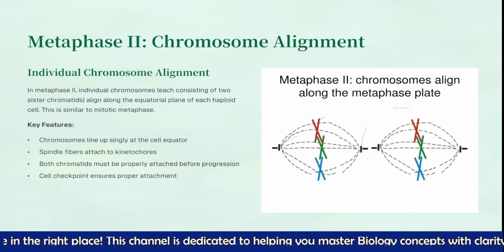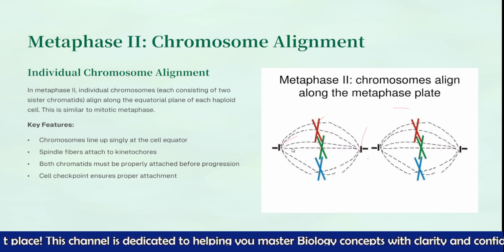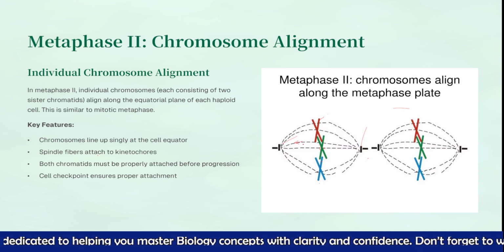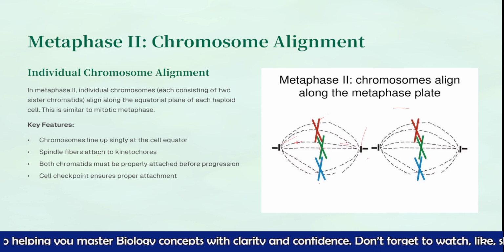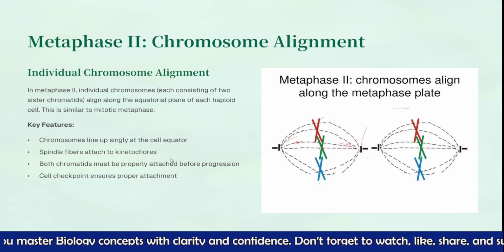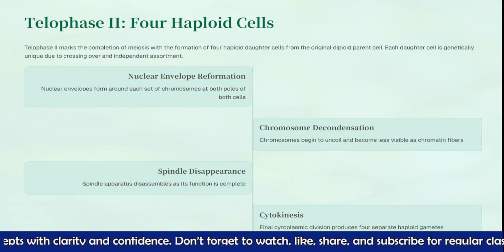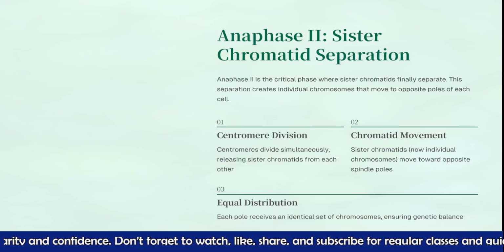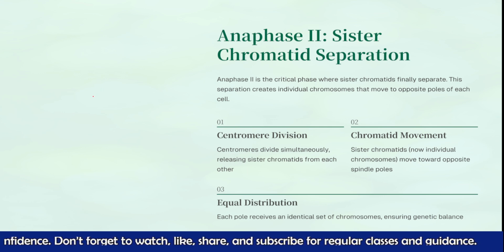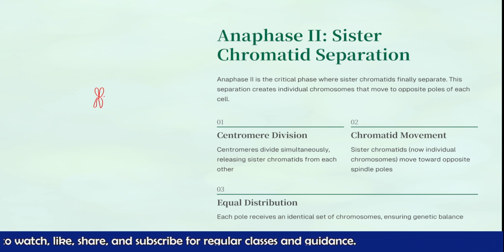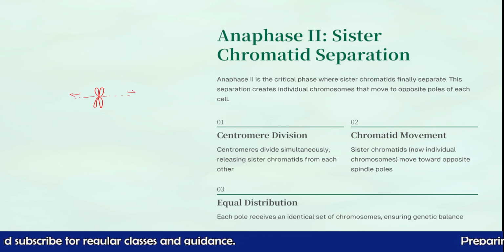There is a tug of war taking place. That means from this side the spindle fibers pull the chromatids, and this side also they pull. And finally, in the anaphase stage, the chromosomes are like this, and you can see the spindle fibers pulling in the opposite direction.